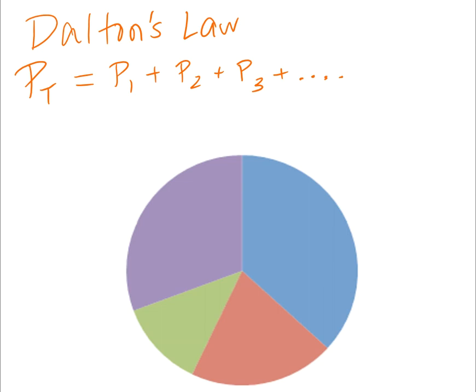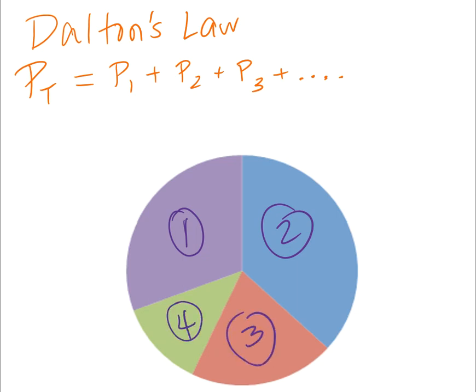We can think about a pie chart. You've seen pie charts in math class, and a pie chart allows you to see what part a substance represents out of the whole thing. So we can think of the whole thing as being our mixture. Based on this pie chart that's shown here, we can just imagine that each color represented a separate gas. So this gas mixture would have a total of 4 gases present.